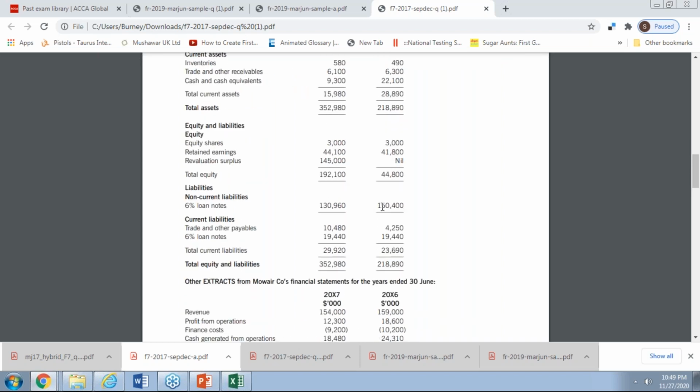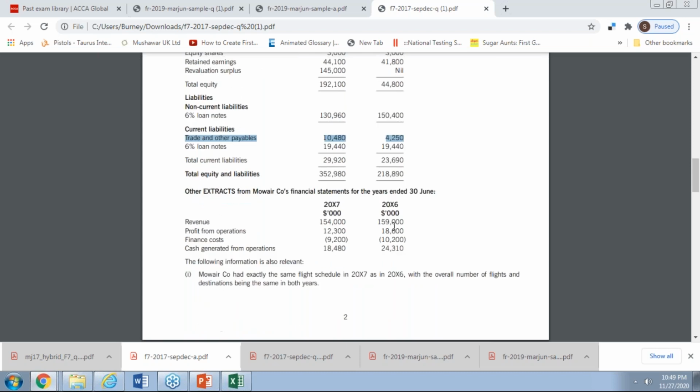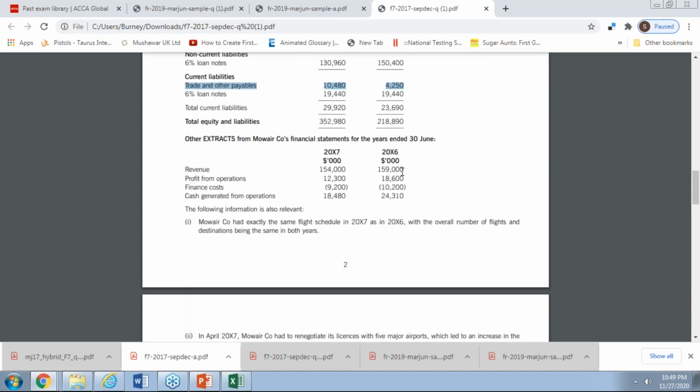Then the company has paid part of its loan. Fourth point, there is a substantial increase in the trade payables of the company. The revenue has gone down, but the key point is the flight schedule remains the same. So you have to identify what is the reason behind this. So we have identified there might be low airfares charged to the customers, or there might be a low number of customers who are traveling.